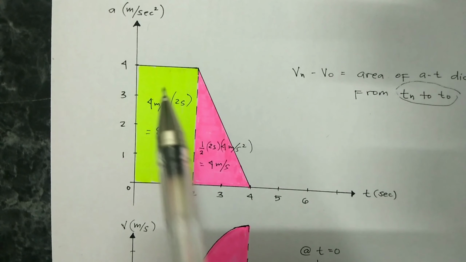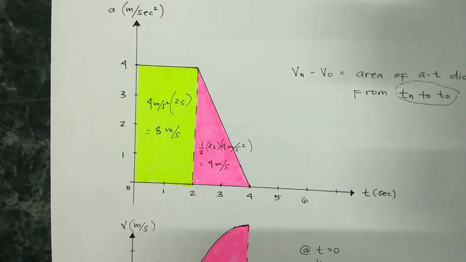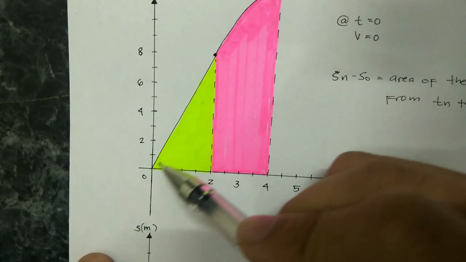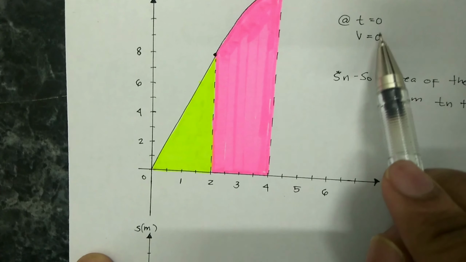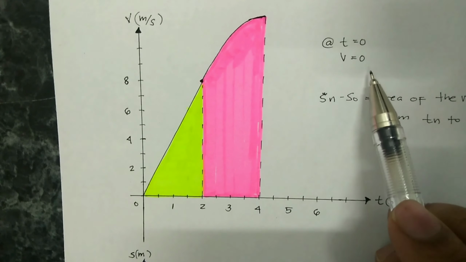This is a constant slope, so there is also a positive constant increase along this line. So from 0 to 8, because at time 0, the velocity is equal to 0 meters per second.